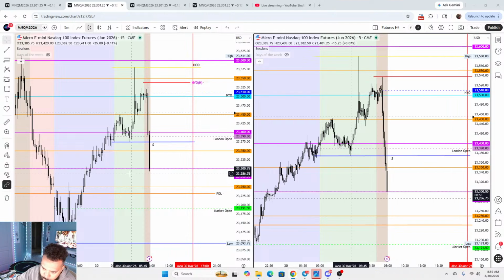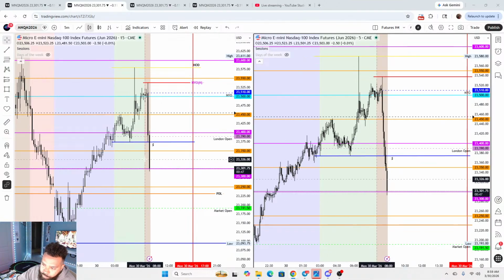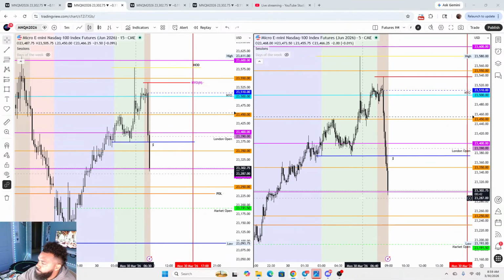Okay, so we've reached that 23,300 level. This is the level that I was saying we want to anticipate possible short covering, but I would like to see it a little lower. And then don't forget, we do have that news at 9:30, so.